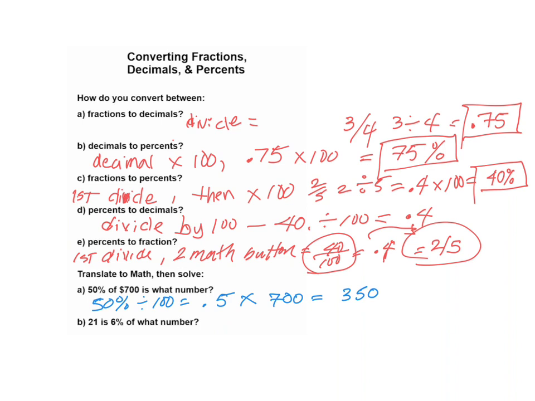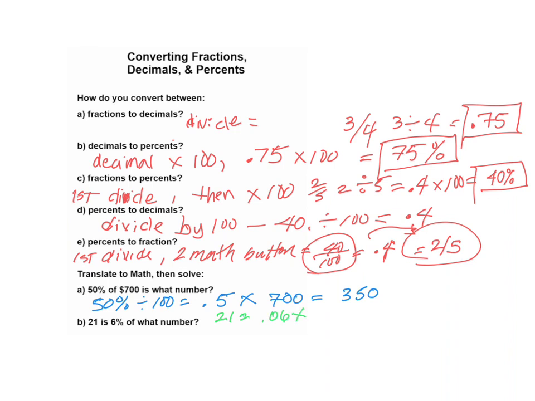21 is 6% of what number? Well, there's a little bit of algebra going on here, if you remember that. What they're saying is 21 equals 6% as a decimal, which would be 6 divided by 100, or 0.06x.